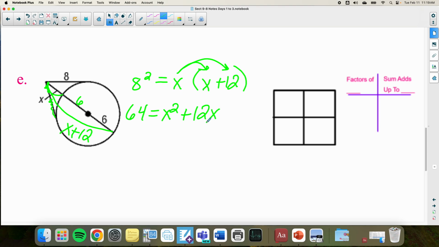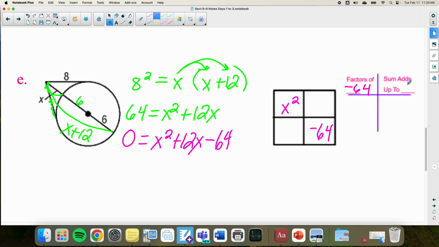Now I'm going to factor that, and when I factor it, I have to bring that 64 over, so I'm going to get x squared plus 12x, and when I bring that over, it's minus 64. So I can put my x squared here, minus 64 here, and a positive 12. Does anyone know 2 numbers that multiply, Christian? 16 and negative 4. Yep.